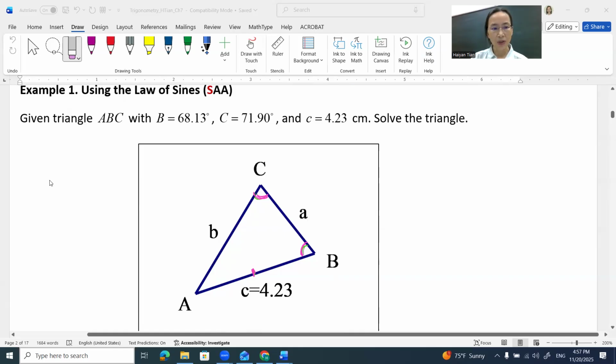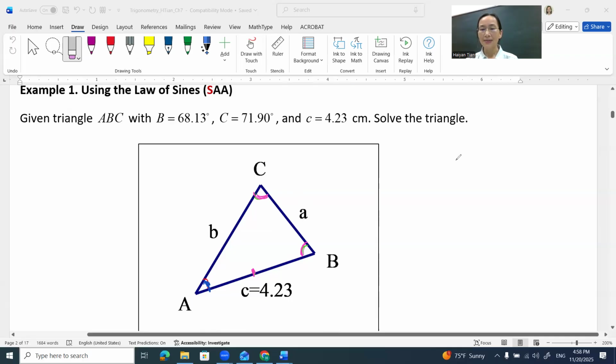I want to use a different color. Let's use blue for the unknown, so A is to be determined. If A is the angle that is unknown, can we possibly decide what A is?